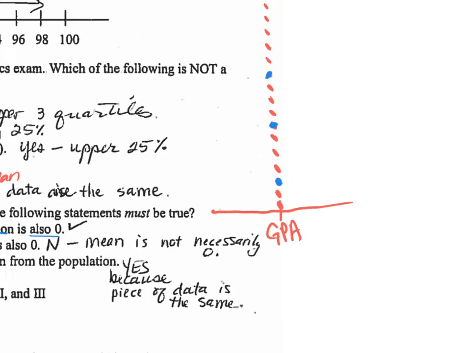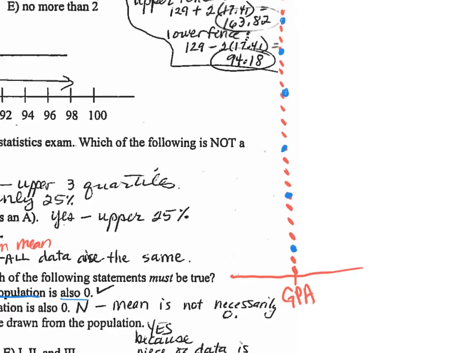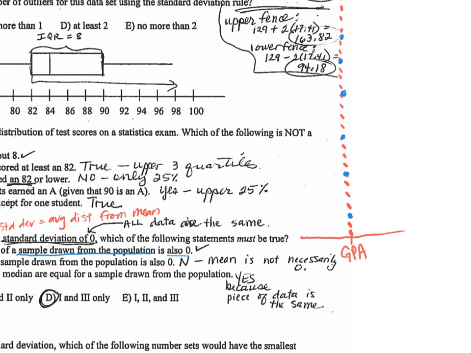So all of these blue marks make up the sample. Well, is the standard deviation of all of these blue marks also 0? And that answer is yes, because they are all the same value, so they all have the same 0 distance from the mean.